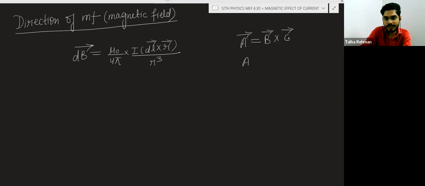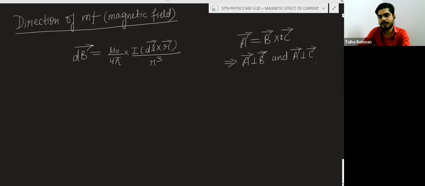So it implies that a vector is perpendicular to b vector and a vector is perpendicular to c vector. Keep this in your mind. So here you can see this dB vector can be written as dl vector cross r vector. All things are constant here. This dB vector can be written in terms of dl vector cross r vector.